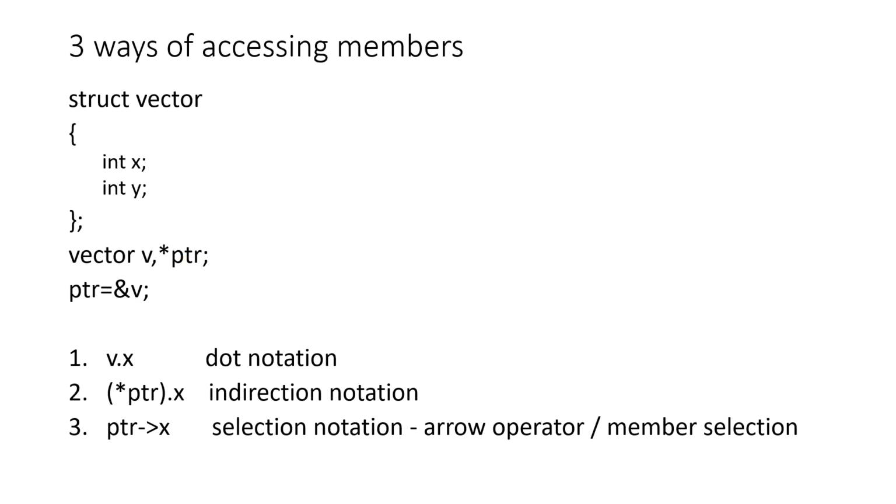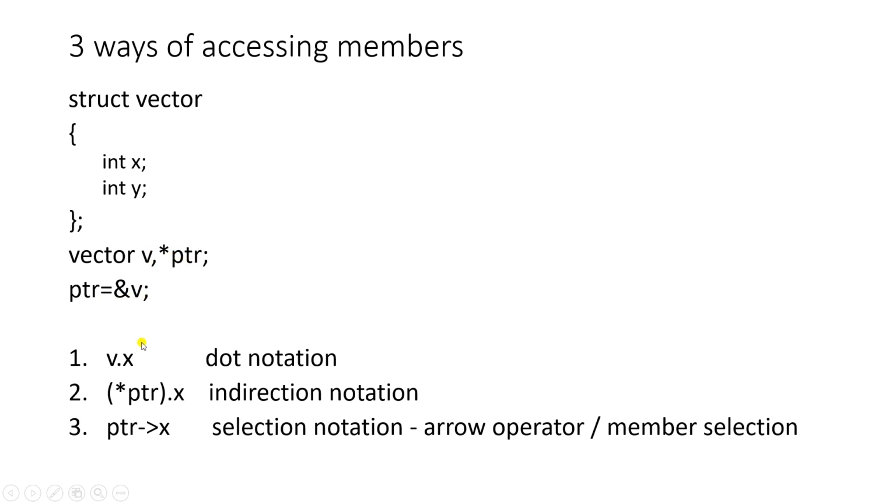Pointers are defined using an asterisk. You can see an asterisk is used here along with the variable name ptr. So this is a pointer variable and ptr holds the address of the structure v.